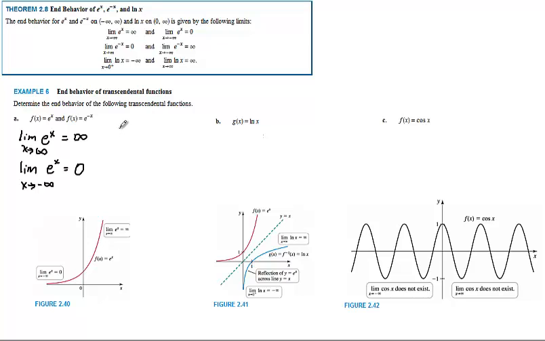Next, let's do the limit as x goes to infinity of e to the minus x, which is the same thing as saying the limit as x goes to infinity of 1 over e to the x. If e to the x is going to infinity, this thing would be going to 0, and the limit as x goes to negative infinity of 1 over e to the x: if e to the x is going to 0, this thing is going to infinity.